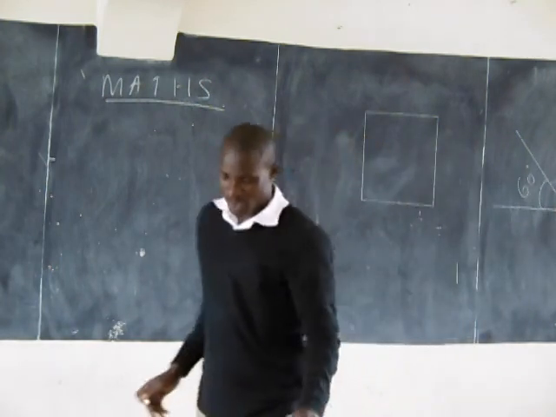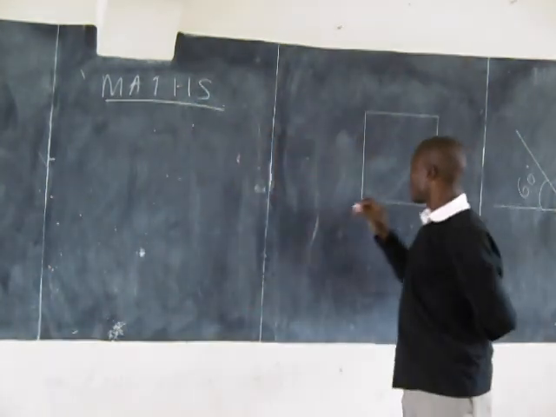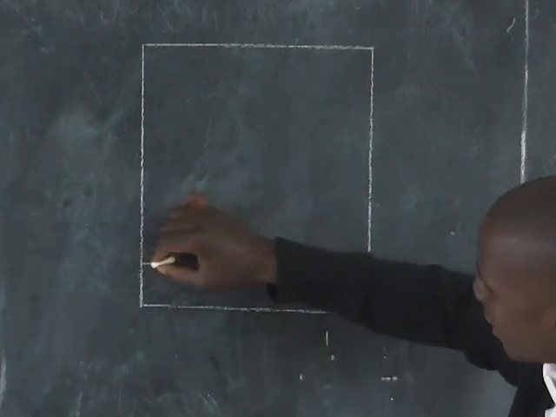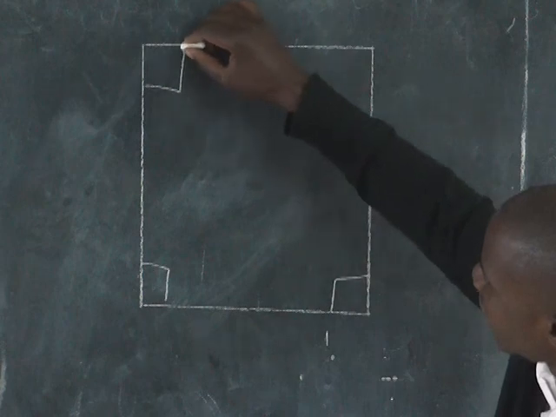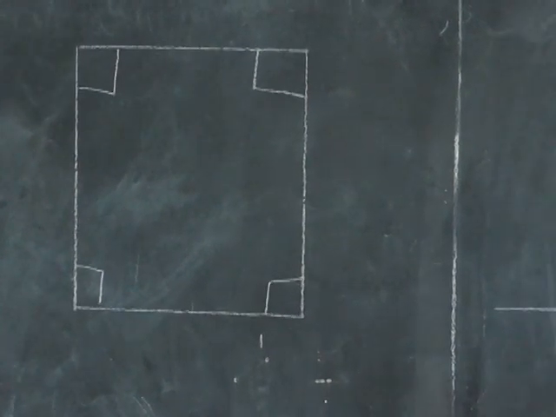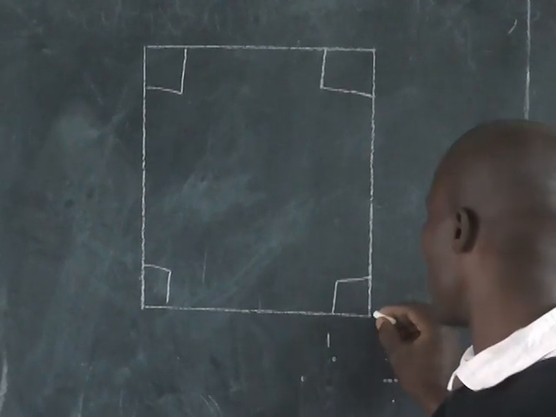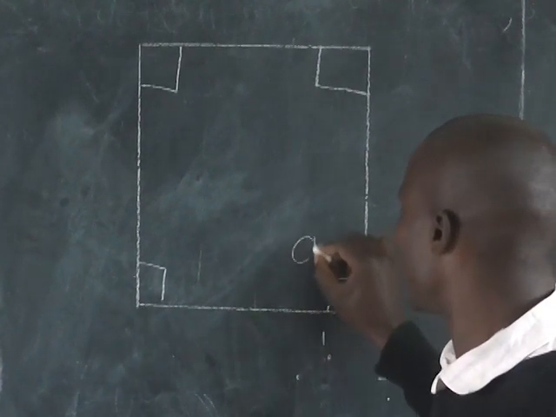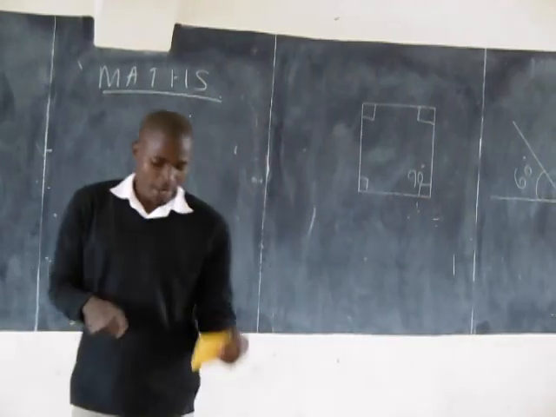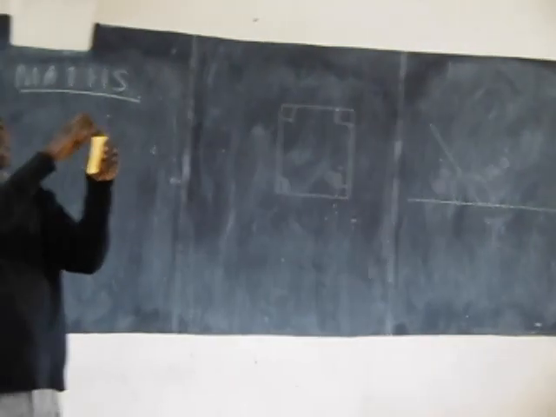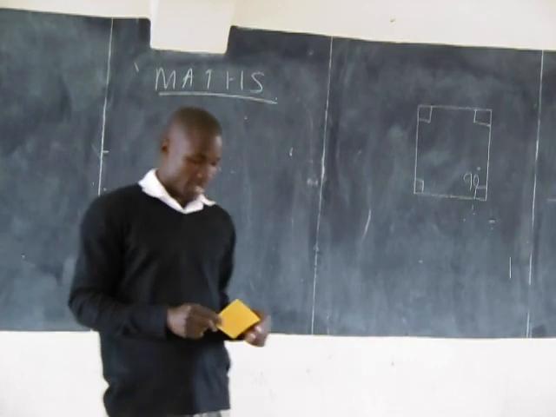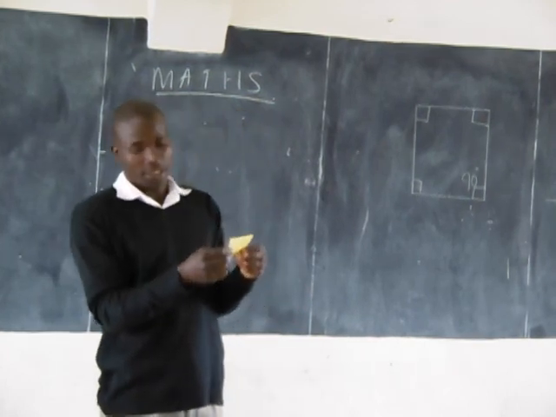If I'm talking about all sides are equal, and if you look at this point, if you measure this point, they always meet at a right angle. Therefore, a right angle simply means it is 90 degrees. That's what we are having here. These are the right angles. They meet at 90 degrees.